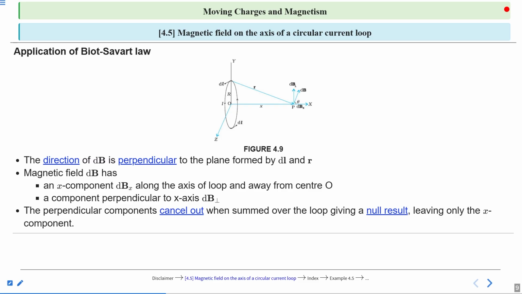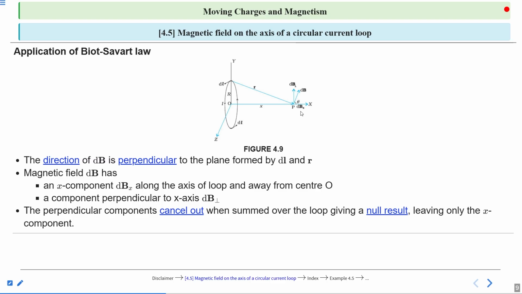Now if we consider the element dl at the lowest point of the loop, which is exactly diametrically opposite to the above dl element, then due to this lowermost dl element the magnetic field will be shown in this direction, the downward direction.